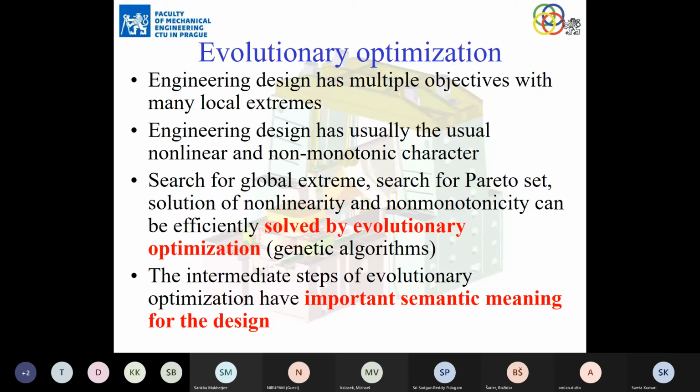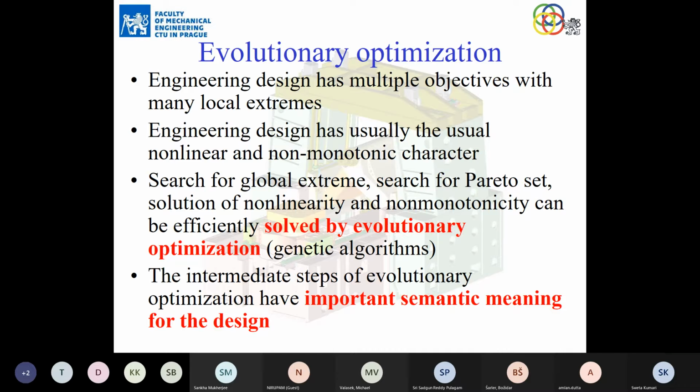Then certainly evolutionary optimization, we have heard about that a lot. So the Pareto set, and finding that Pareto set and computing it by evolutionary optimization. But I should like to stress maybe another issue: we are evaluating the Pareto sets for some expected properties, but at the end we are analyzing all the computed cases.